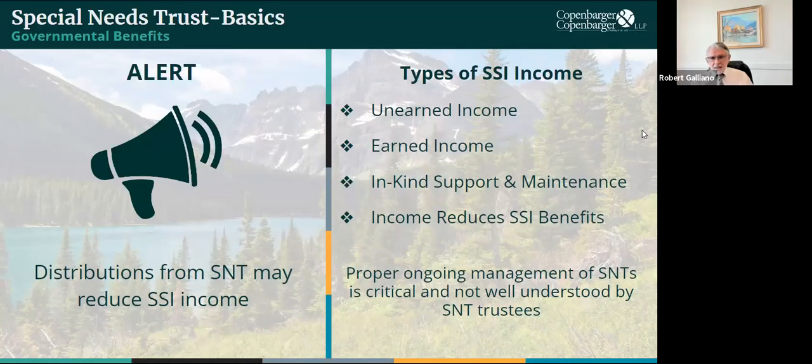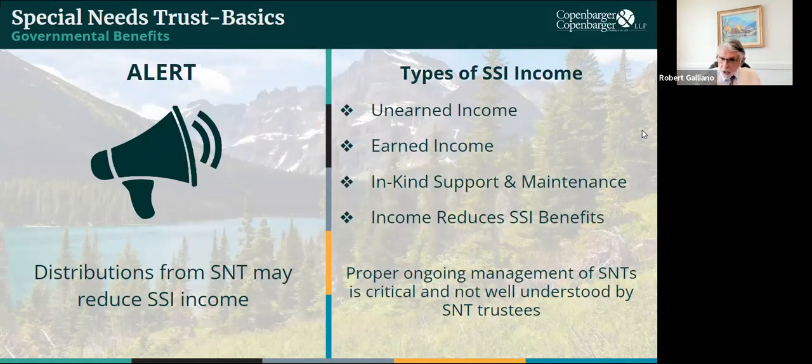SSI income is earmarked to pay for food and shelter. We can pay for other things that are not food and shelter, but we do not want to pay for them by providing cash, for example, to the beneficiary. We want to provide in kind: buy the television set, buy the shoes, buy the clothing.